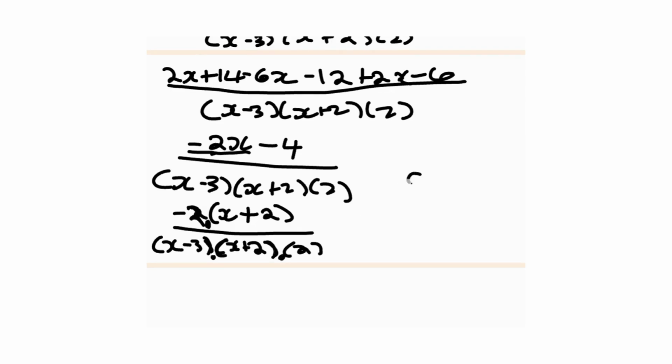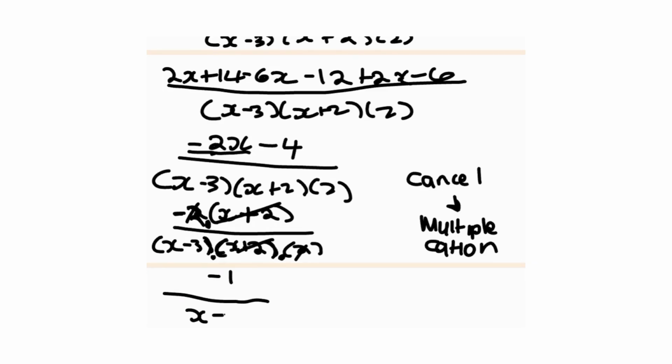You can only cancel if there is multiplication. So the x plus 2 and the x plus 2 will cancel. Then the negative 2 and the 2 will cancel. That side I'm only left with negative 1 all over x minus 3.